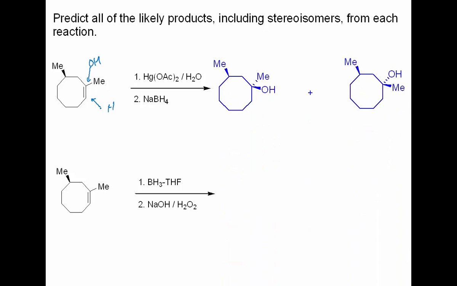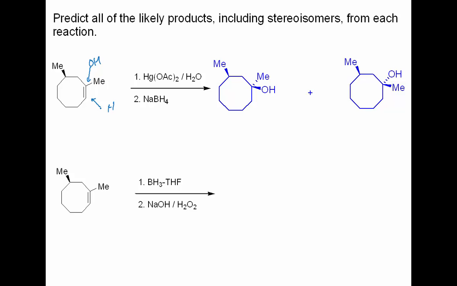Our product is going to be both of these 2 compounds. We could get either stereoisomer. There's no control over which face that we're going to add to. We're going to explore more stereochemical issues like this in the next chapter.